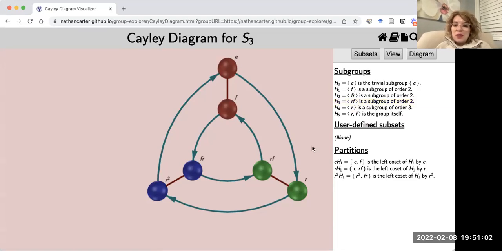So for your reading this week, you only have one main reading, and that is in the Gallian text. This is the chapter on cosets.